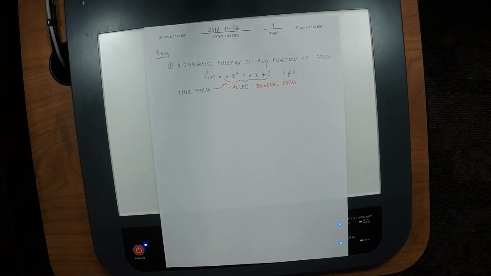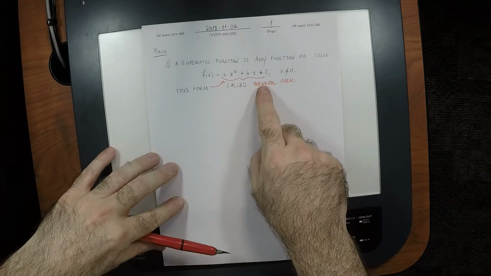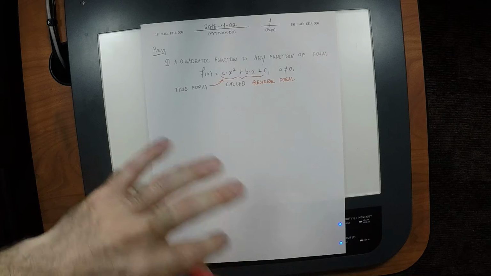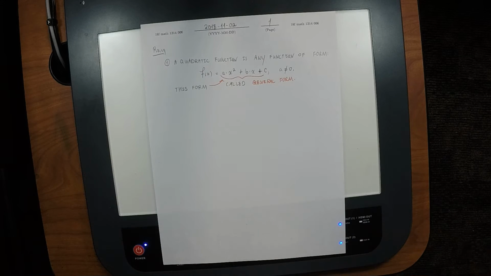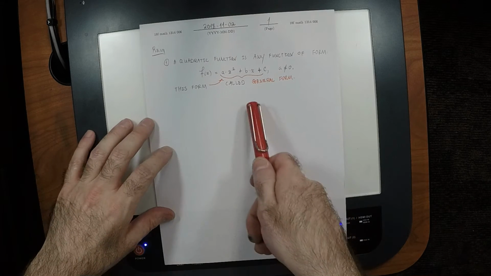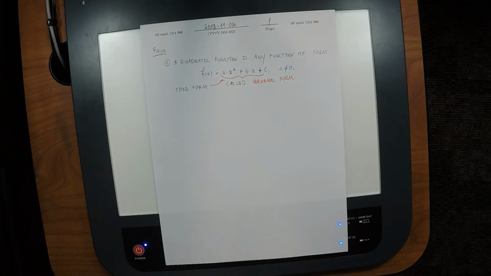So that doesn't really make too much sense right now because that's an adjective, the adjective general. If I'm going to say like this is the red pen, then you ought to deduce the existence of maybe a pen of a different color. So there's going to be something else besides the general form, and we're going to talk about it in a minute. So that form is called the general form.